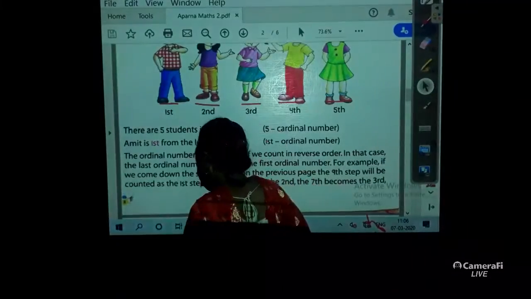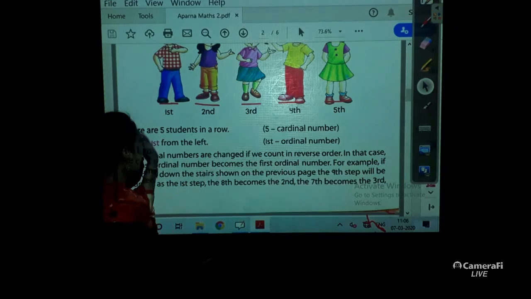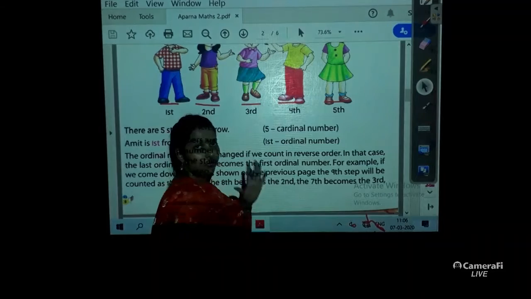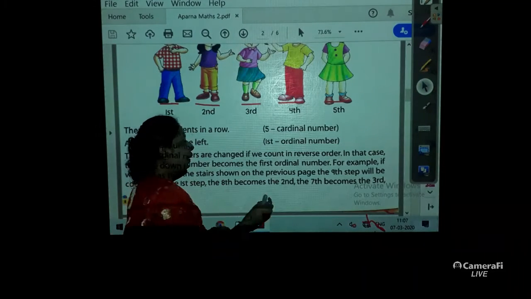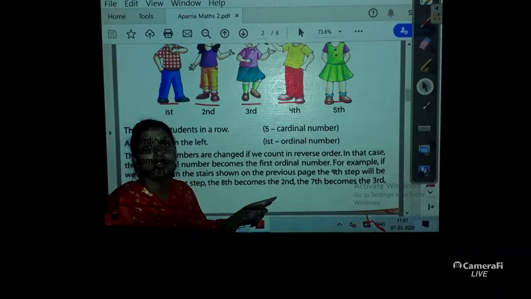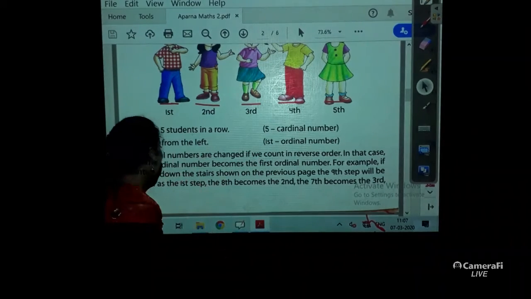So now the explanation is there. There are 5 students in a row. You can say 5 is a cardinal number and first is an ordinal number. 5 is of quantity and this is the position.